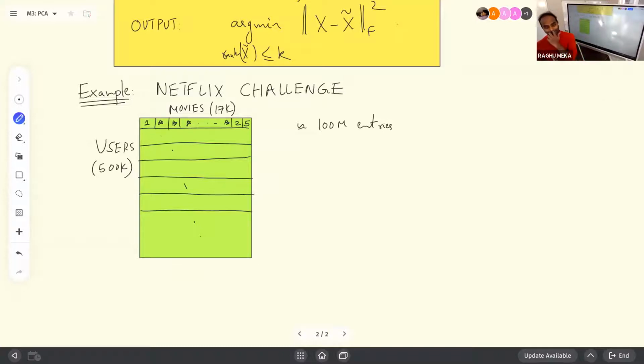Back in the day, with the hardware from around 15 years ago, you couldn't even fit this data set in your RAM that easily. You had to do a lot of hacks to even do that. And they released about 1% of the entries, so approximately 1 million entries.